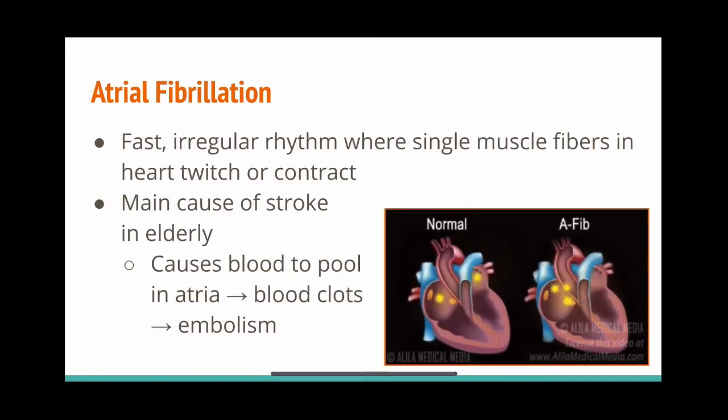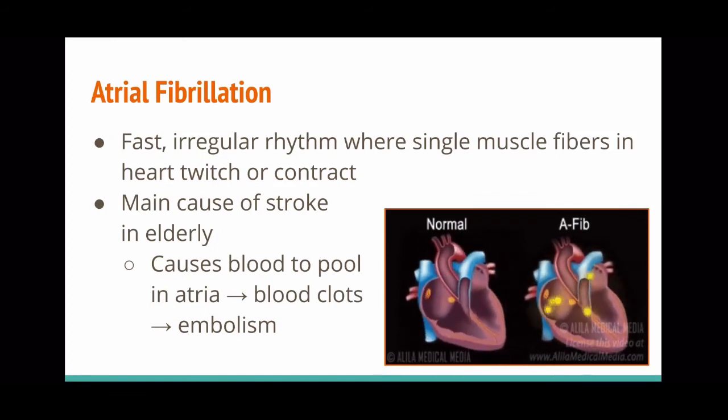The second big category of arrhythmias is atrial fibrillation. Atrial fibrillation is a fast, irregular rhythm where single muscle fibers in your heart twitch or contract. This is the main cause of stroke in elderly people because it causes blood to pool in the atria of the heart, which can lead to blood clots.